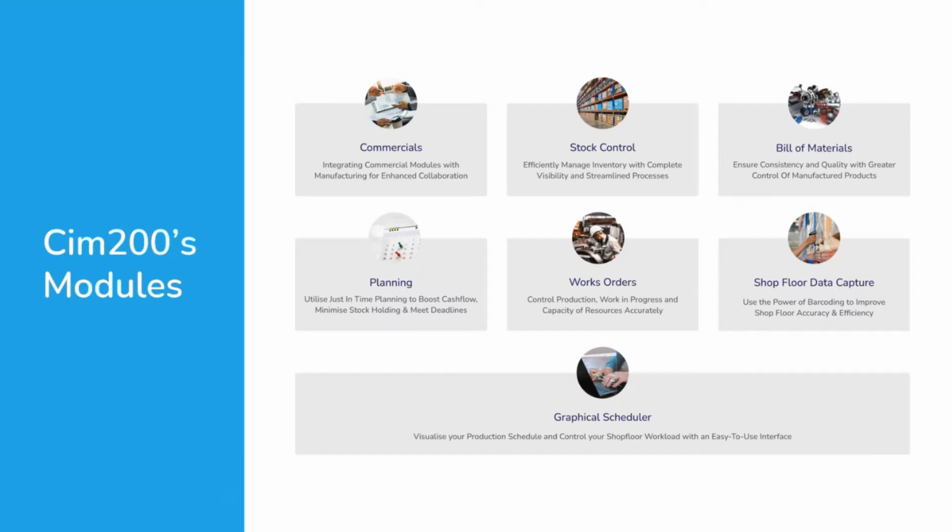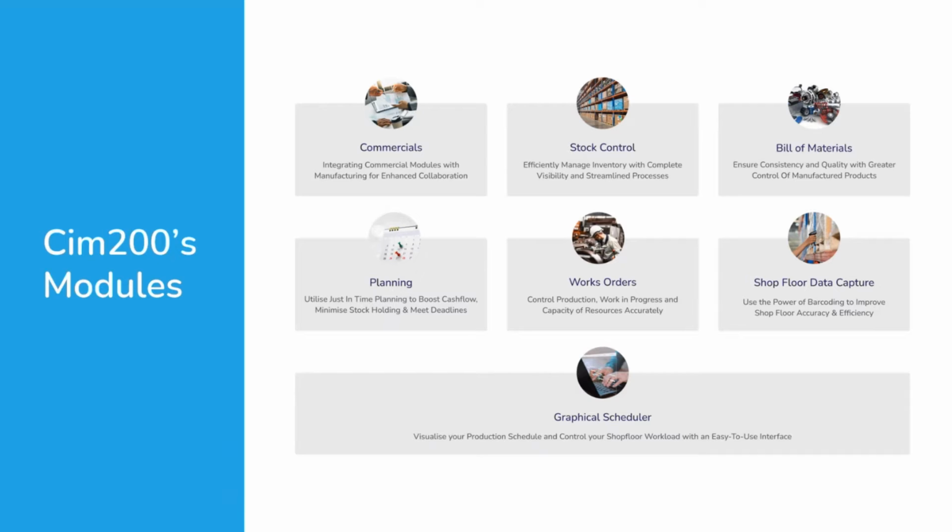But what we have in terms of our modules is we are utilizing Sage 200 commercials modules. So we are integrating with sales order processing, purchase order processing. We integrate with stock control, bills of materials, and we are enhancing all of those modules.